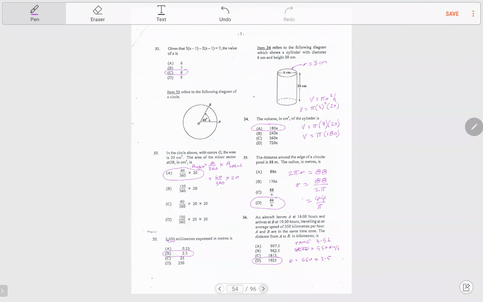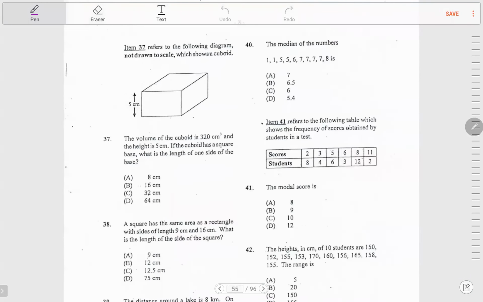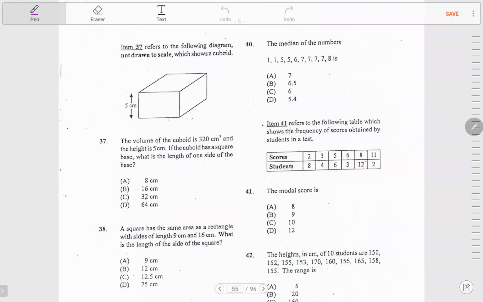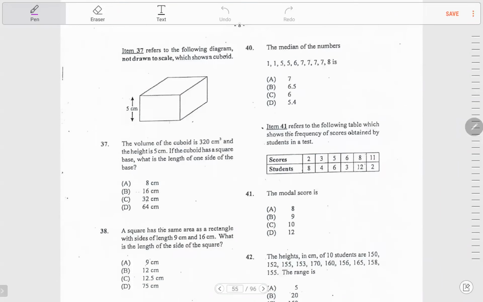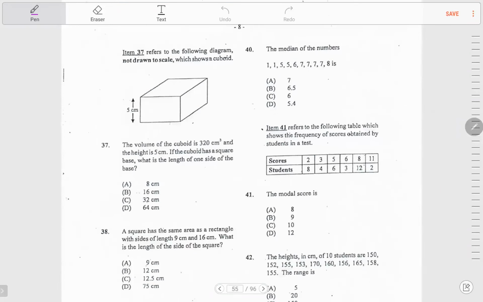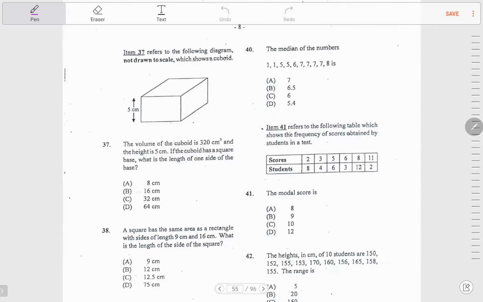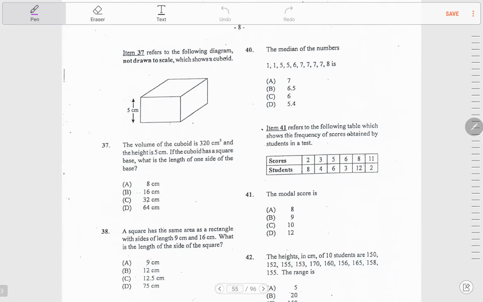Right, moving along. Also did this question, so I'm not gonna waste time on it. Did it already. Right, and the answer for this one was 8. Here was x squared. Volume is the end area times the height. Where the end area is x squared.